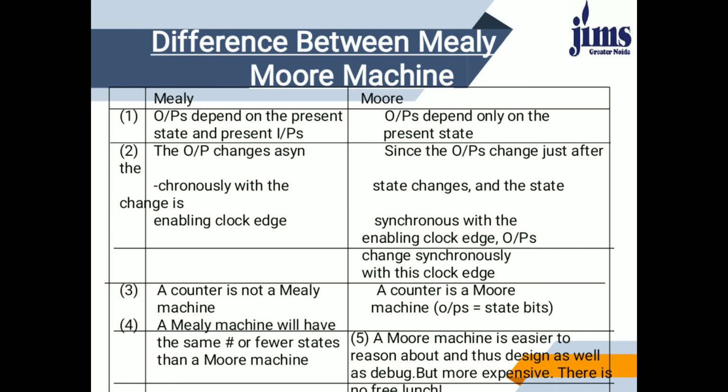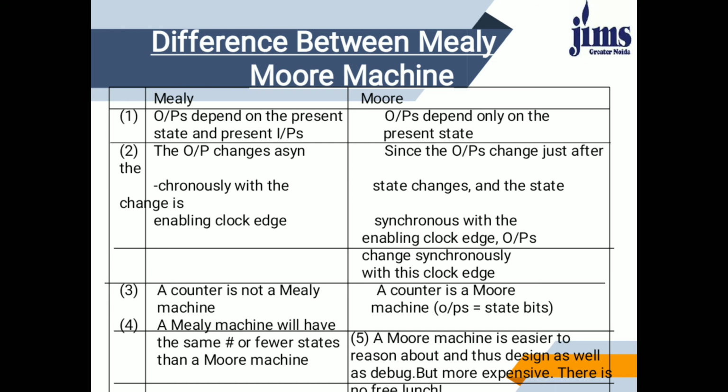In the Mealy machine, the output changes asynchronously with the change in the enabling clock edge. Whereas in the Moore machine, output changes just after the state change, and it will change synchronously with the enabling clock edge.